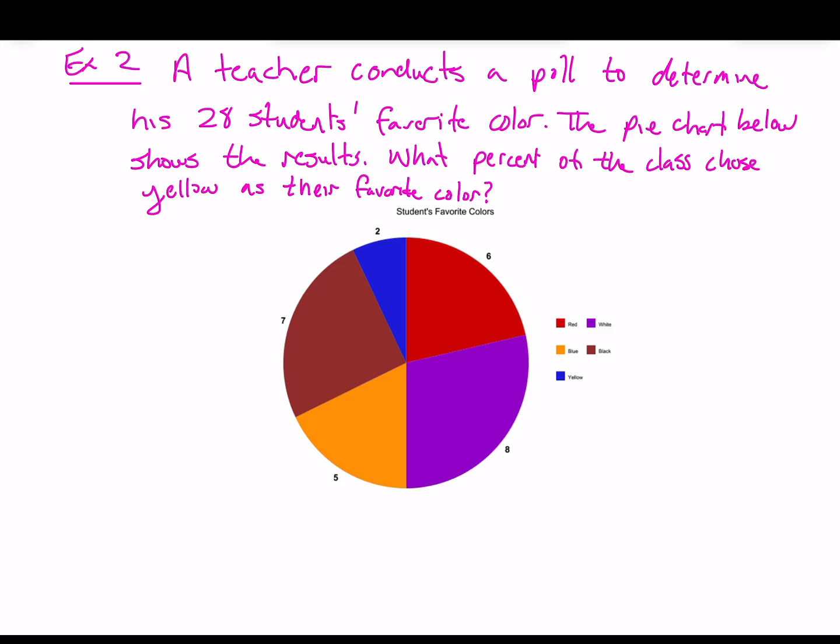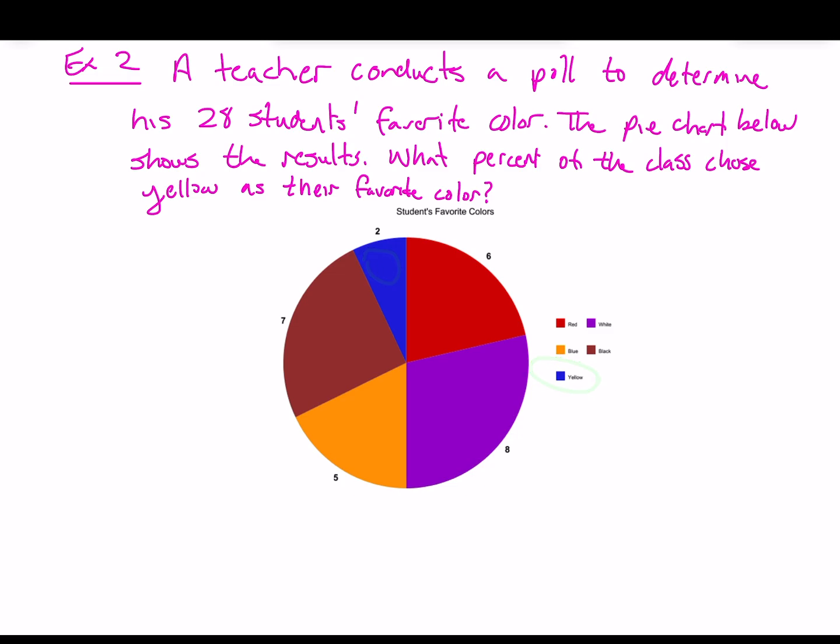Example 2. A teacher conducts a poll to determine his 28 students' favorite color. The pie chart below shows the results. What percent of the class chose yellow as their favorite color? So the first thing we want to notice is that this pie chart represents students' favorite colors. And we see that the piece that is red represents red as a favorite color.